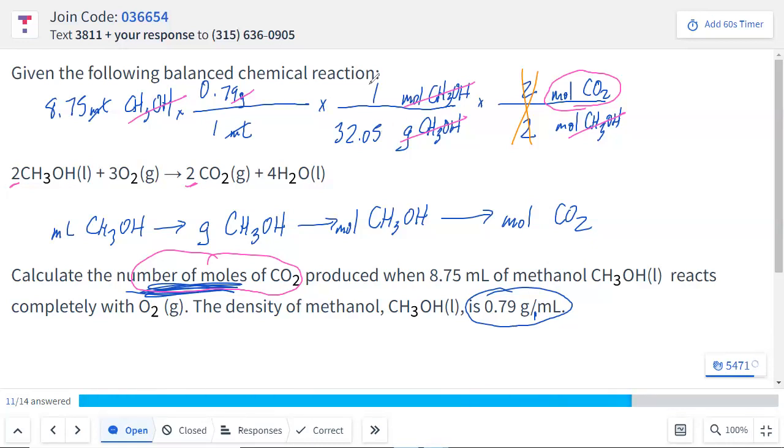And if I do that, it simplifies a little bit for me: 8.75 times 0.79 divided by 32.05, I'm looking at 0.22 moles of carbon dioxide. Now, 2 significant figures there coming from the fact that there are only 2 in that density that they gave us. Everything else seems to work out okay.